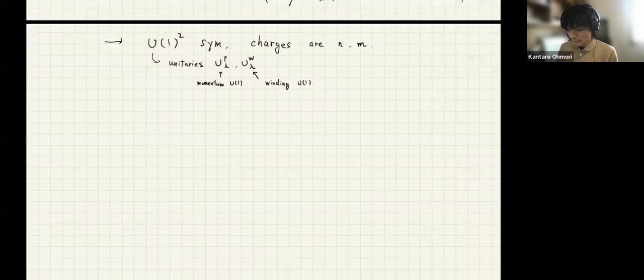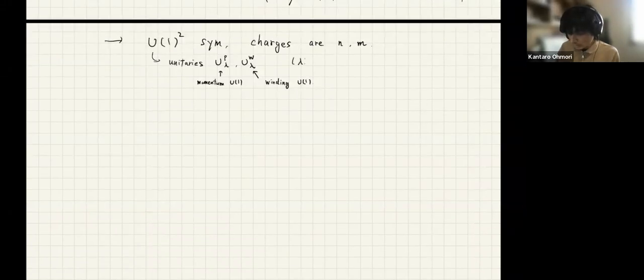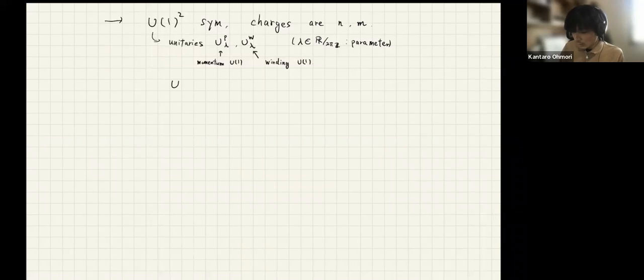The lambda is a parameter, lambda in R over 2 pi Z. And the explicit action is the usual one: U_p(lambda) acting on n and w gives e to the i lambda n, and U_w(lambda) acting on n and w gives e to the i lambda w.